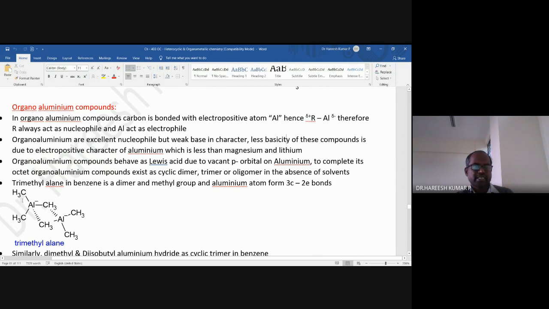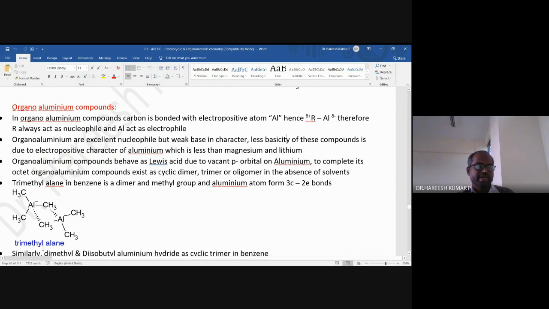So (CH3)3Al. What will happen here? I think you are aware of banana bonds, more particularly the three-centered two-electron bond. Banana bonds you can find in borane, so this is also similar to borane.